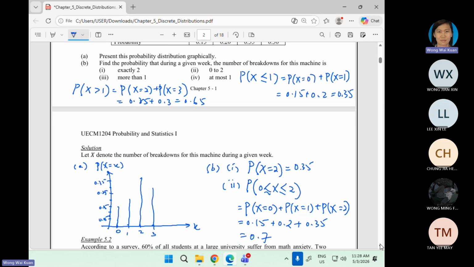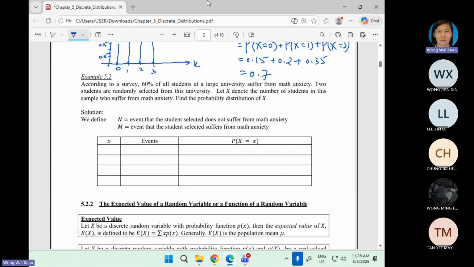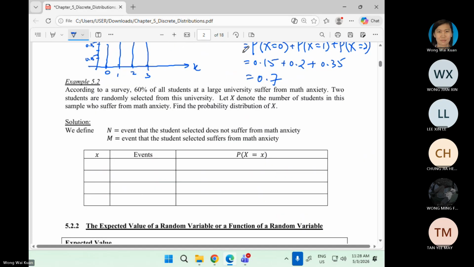Okay? So now, example 5.3. According to a survey, 60% of all students at a large university suffer from math anxiety. Two students are randomly selected from this university, and X denotes the number of students in this sample who suffer from math anxiety.